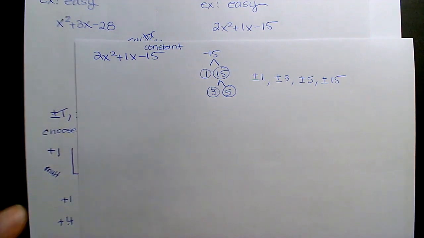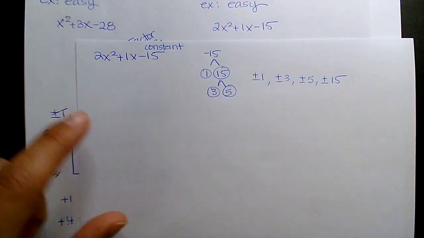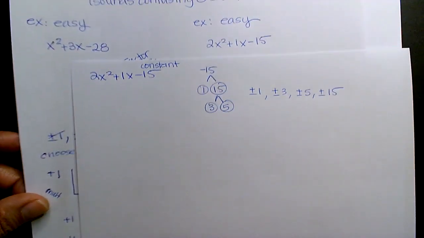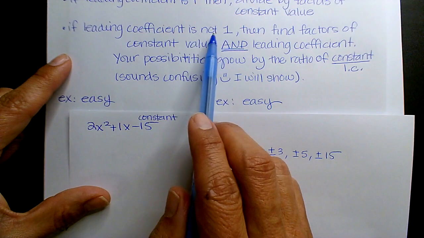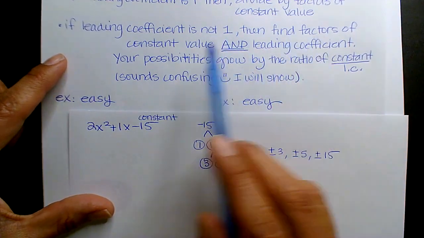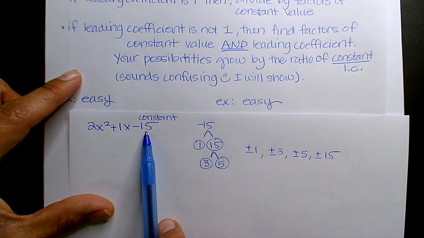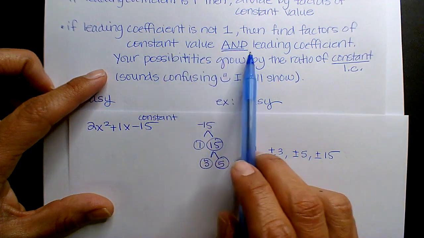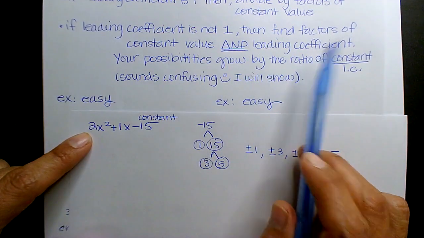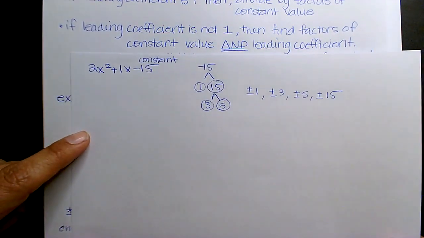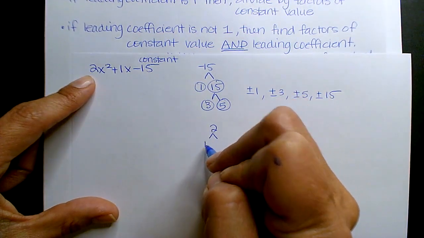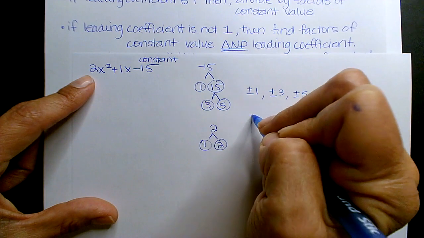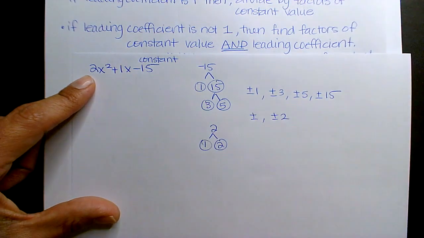Okay, so your first list comes from the constant. If the a value is not 1, if the leading coefficient is not 1, then you find the factors of the constant value, that's what we did here, the 15, and the leading coefficient, that's the 2. So if I find the factors of the leading coefficient, 2 is 1 times 2. So there's my list, plus or minus 1, plus or minus 2.